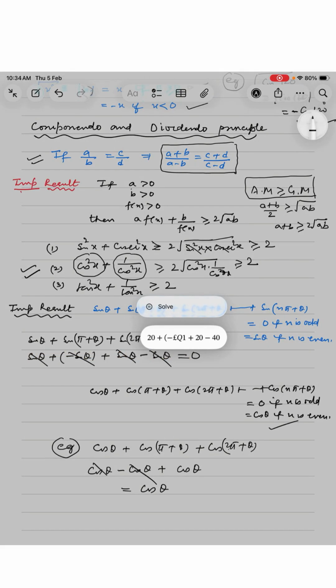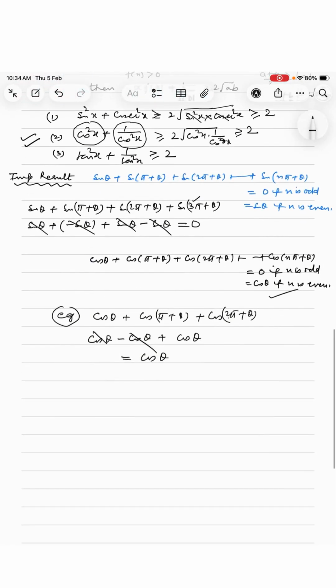Now these are a few very, very basic points in our trigonometric ratios. Now after that, let us try to write some basic identities in trigonometric functions.